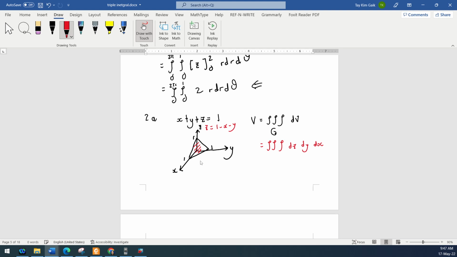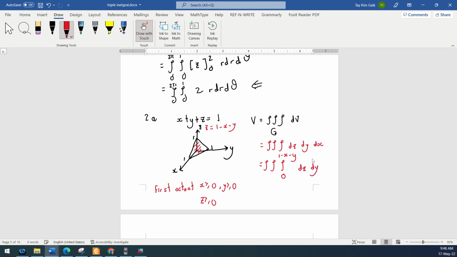In the first octant, x is greater than or equal to 0, y greater than or equal to 0, z greater than or equal to 0. So the lower limit of z is 0 until this tetrahedron surface, which is z equal to 1 minus x minus y. So the limit of z is 0 to 1 minus x minus y. So this is dz.